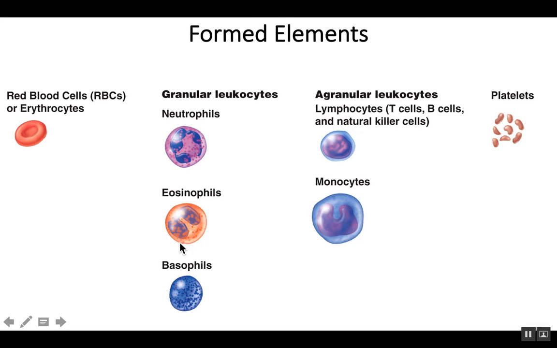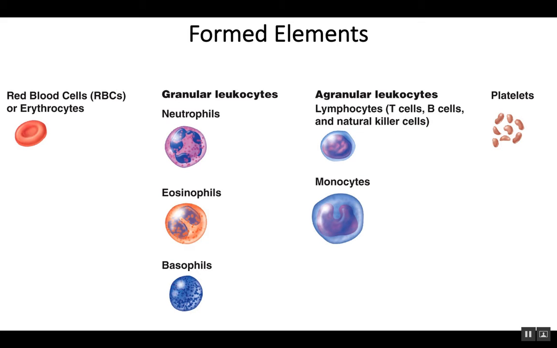So these drawings of the white blood cells are after a staining procedure, which is often the Wright stain. The Wright stain uses a couple different dyes to be able to differentiate the different leukocytes.